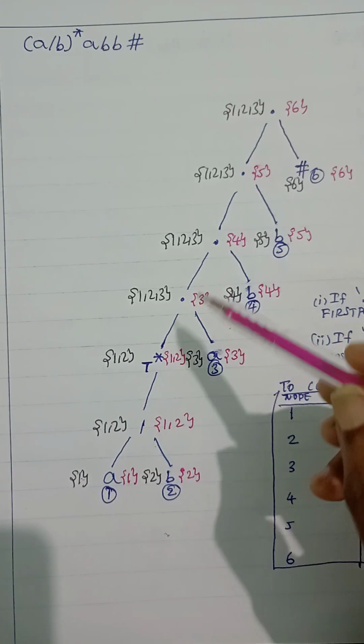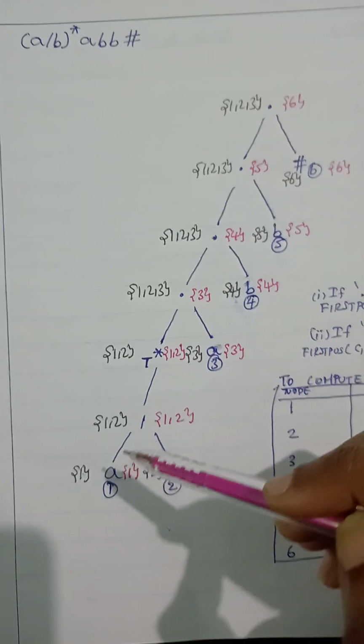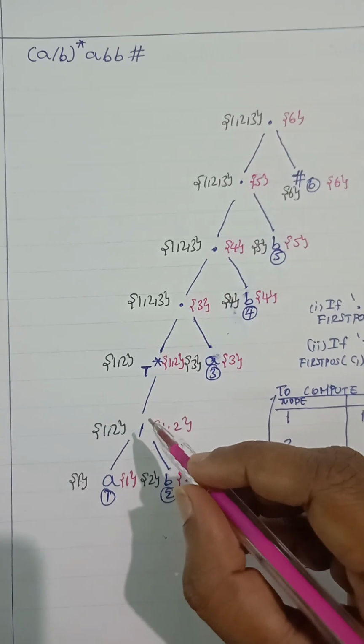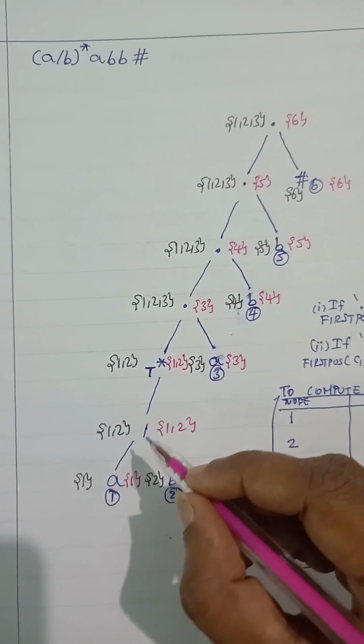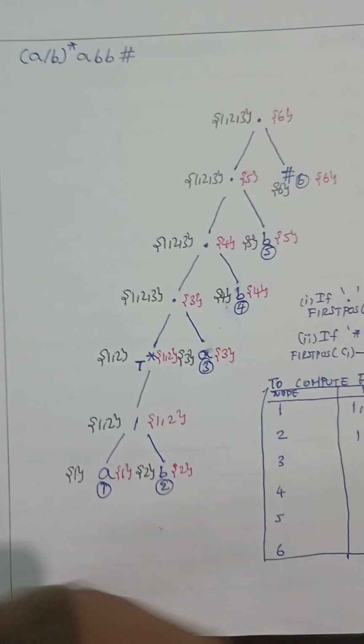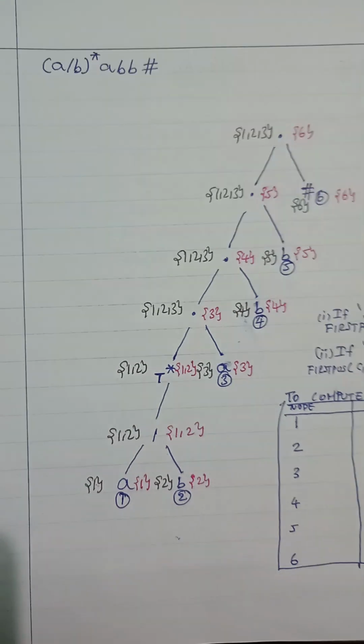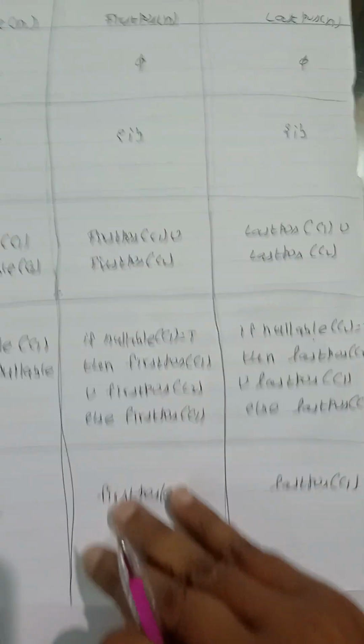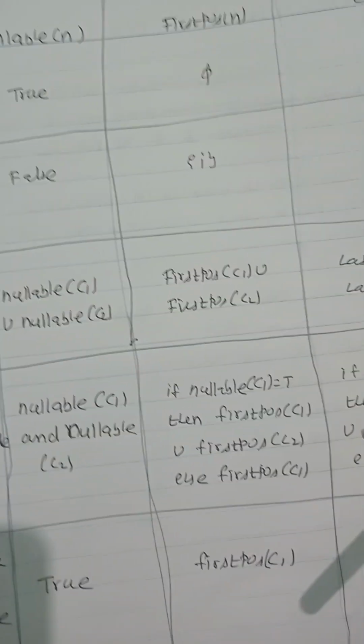So now I have to calculate the first position and the last position for the interior nodes. Here the node is the slash, the OR node.